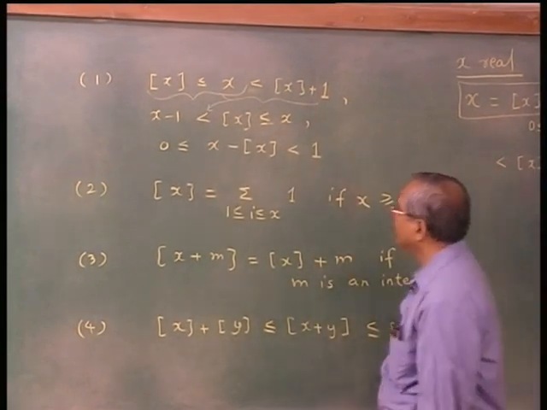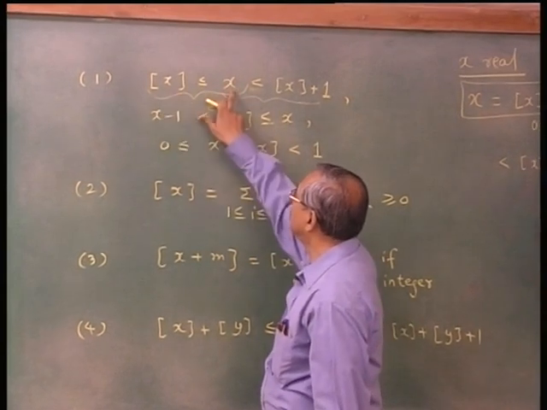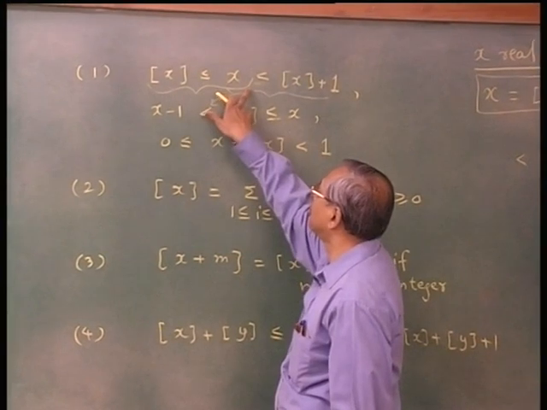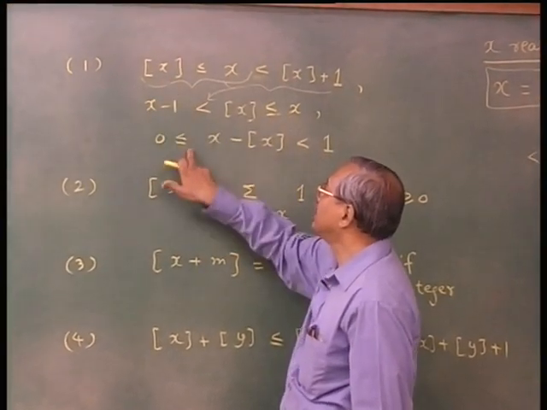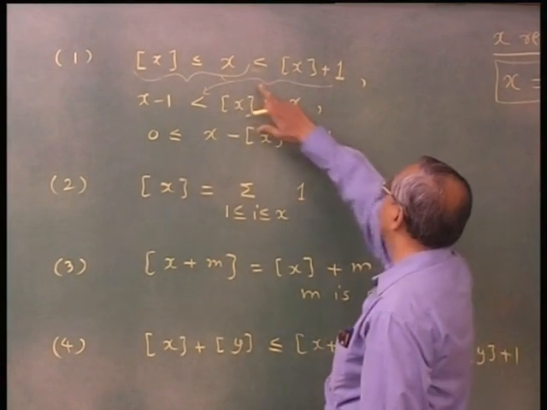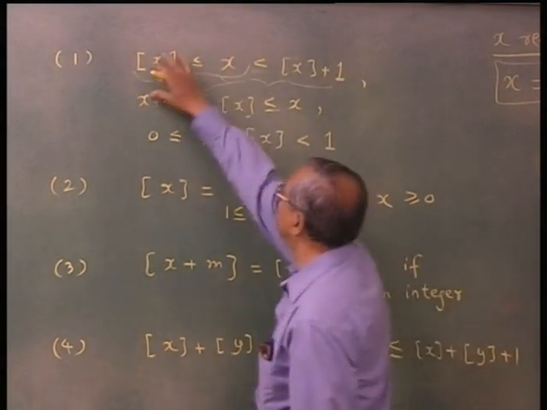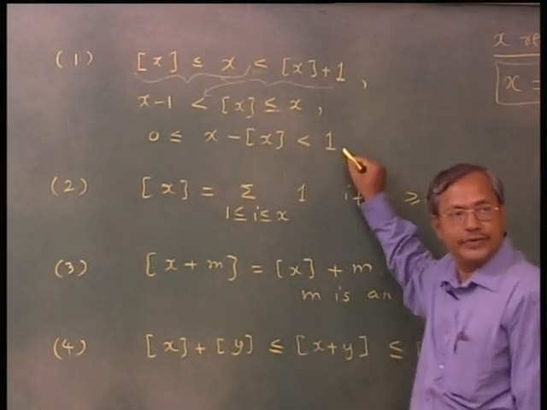And again this is written in a different manner. Use x minus the integral part of x, that is bigger than or equal to 0. And similarly, x minus the integral part of x is less than 1. So from this you get all these inequalities.